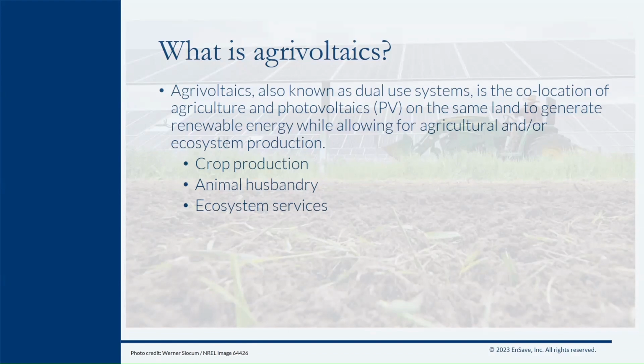Again, it serves two purposes: to generate renewable energy while allowing for agricultural and/or ecosystem production. Some examples would be crop production, animal husbandry, in other words livestock grazing, and ecosystem services. So natural vegetation, pollinator species, things like that would fall under that category.